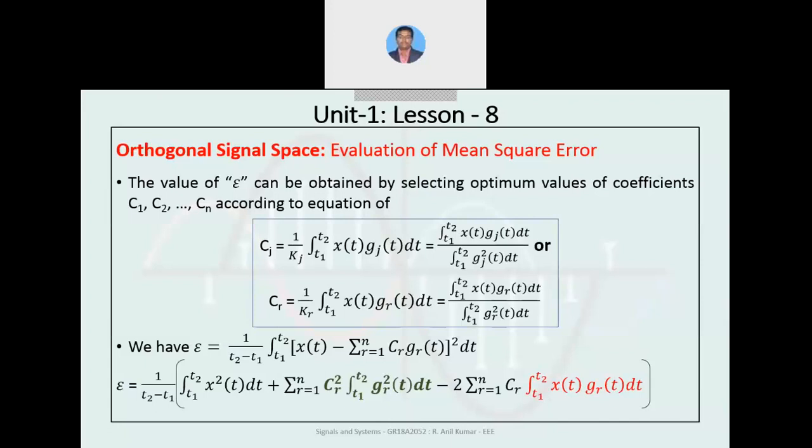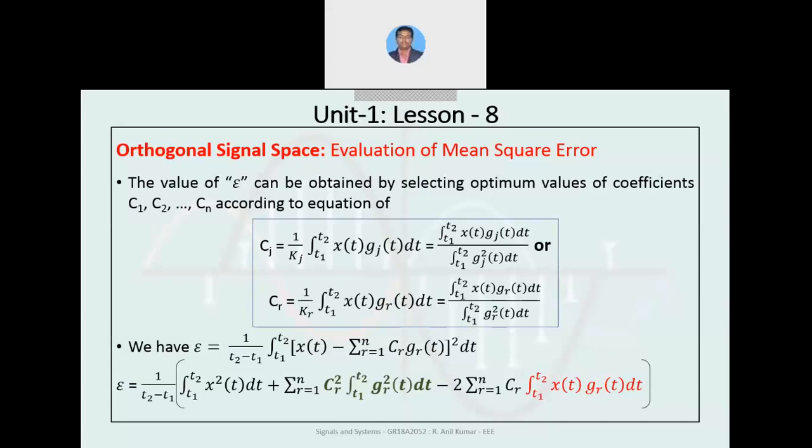In the earlier lesson we were discussing the value of epsilon. The value of epsilon needs to be obtained. In the previous lesson, we obtained the value of the magnitude c, where c suffix j is given as 1 by kj integration t1 to t2 x of t into gj of t, or integral of x of t into gj of t by integral of gj square of t within the limits of t1 to t2.